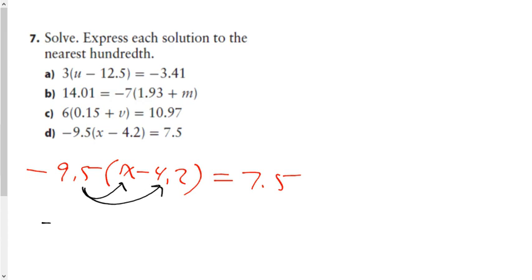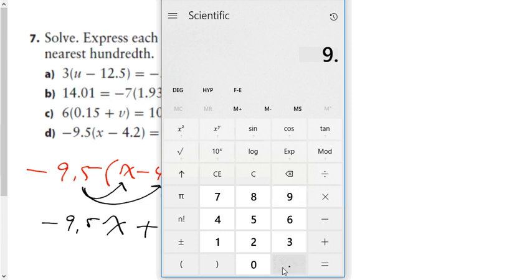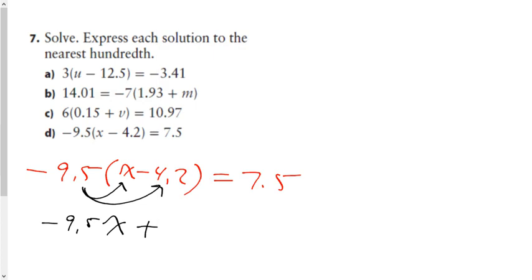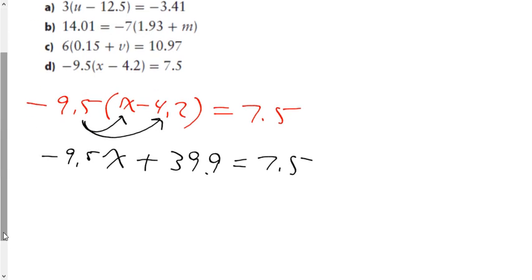Negative 9.5 times x is negative 9.5x. Negative times a negative, I know my next term is going to be positive just because of my sign rules. And 9.5 times 4.2 is 39.9. And that's going to equal 7.5. So now we have this equation that is much more manageable.